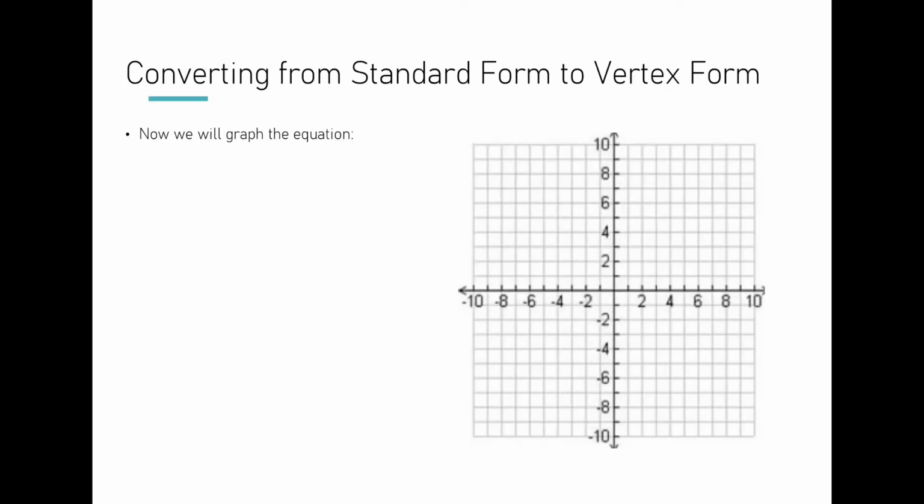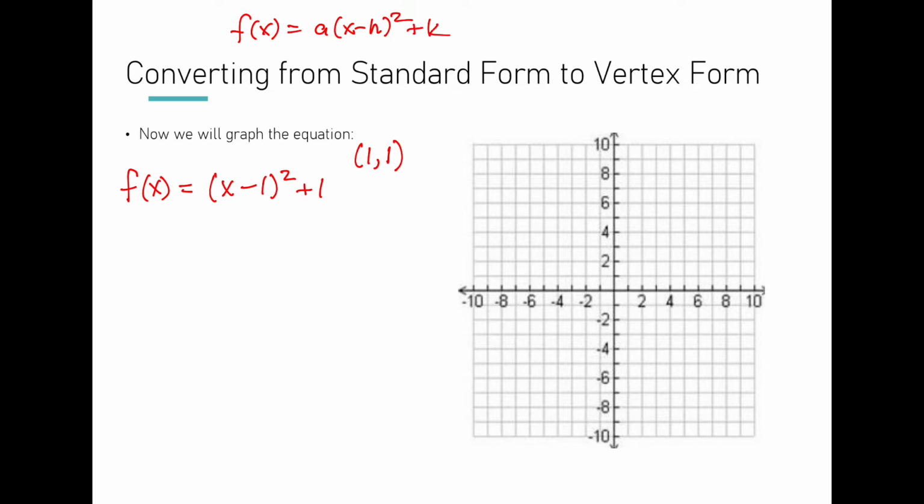So now, of course, graphing the function f of x equal to x minus 1 squared plus 1, the vertex is at h, k, which is 1, 1. Remember the general form, I'm going to rewrite it here, a times x minus h squared plus k, that we always do the opposite when it's in front of the h, right?